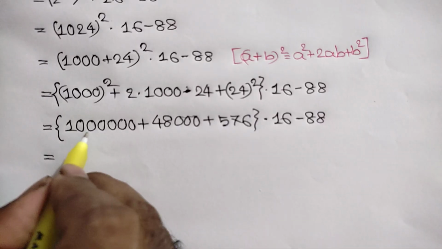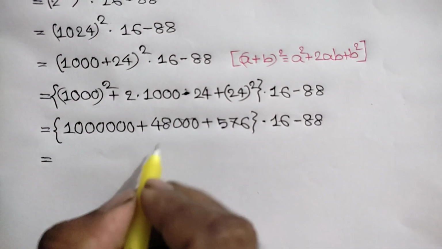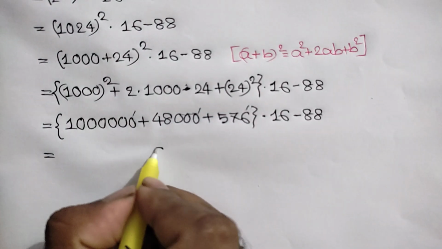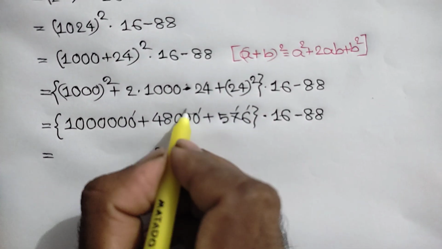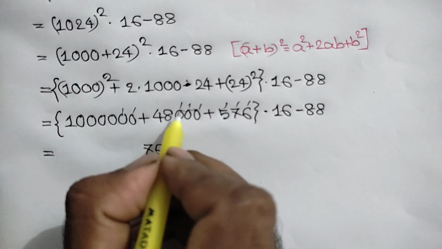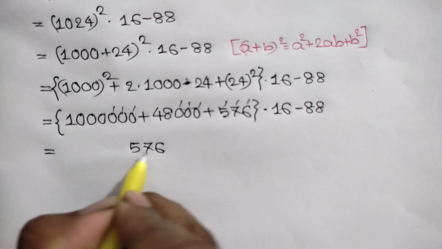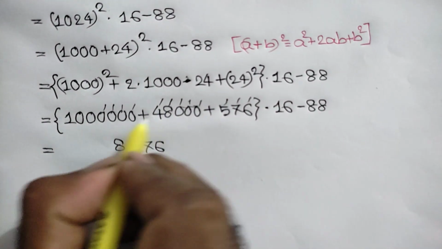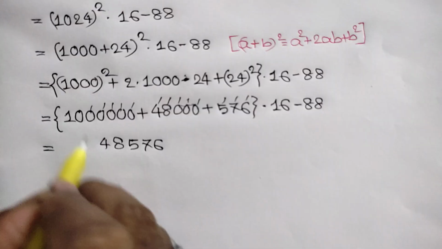Now adding these 3 numbers we get 6 plus 0 plus 0 is 6, 7 plus 0 is 7, 5 plus 0 is 5, 8 plus 0 is 8, 4 plus 0 is 4.